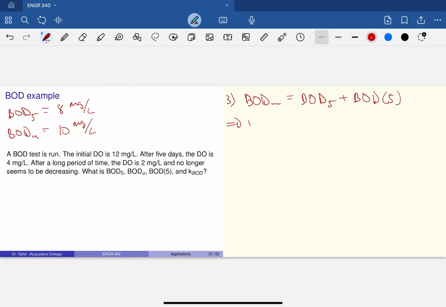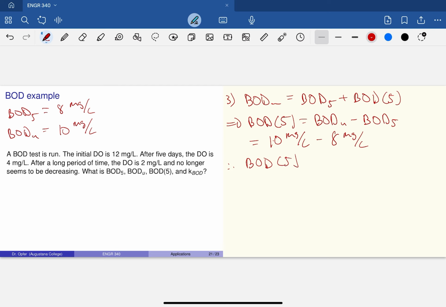So this implies that BOD of 5 is equal to our ultimate BOD minus BOD sub 5, which is exactly equal to 10 milligrams per liter minus 8 milligrams per liter. So therefore, BOD of 5 is equal to 2 milligrams per liter. Okay, I'll put that over here, and then I'll erase this.